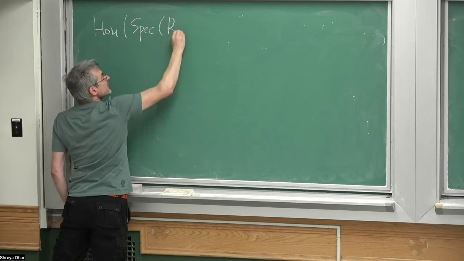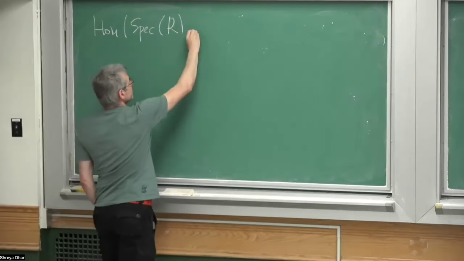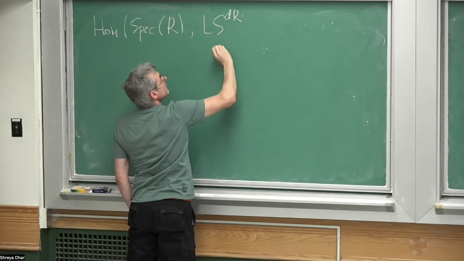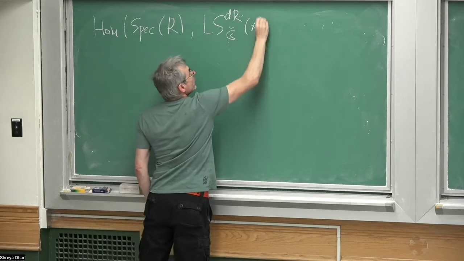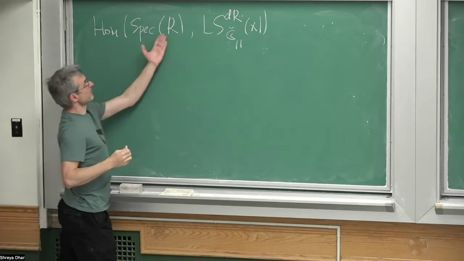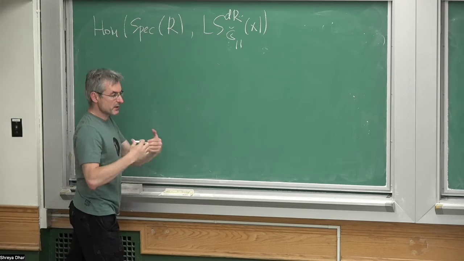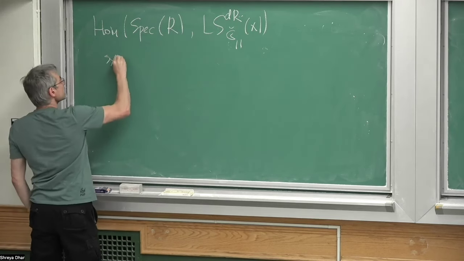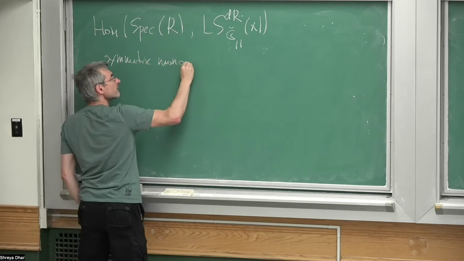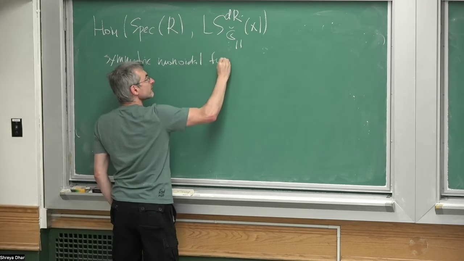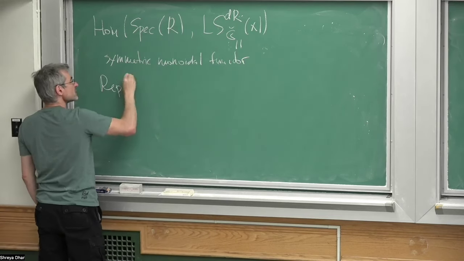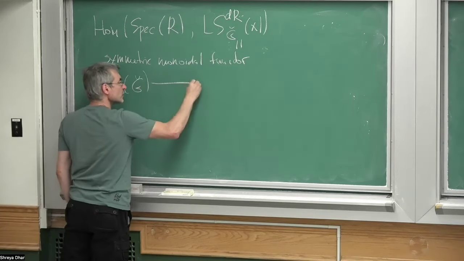So for a test scheme R, a map from Spec R to LocSys de Rham is the following. To specify a map like this is the same as to specify a symmetric monoidal functor from the category of representations of the group Ǧ to the following category.